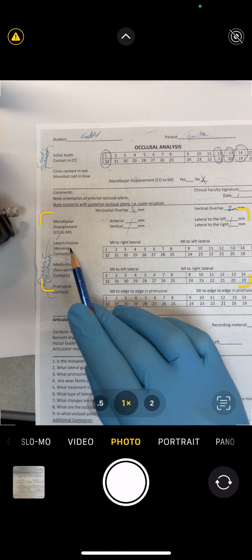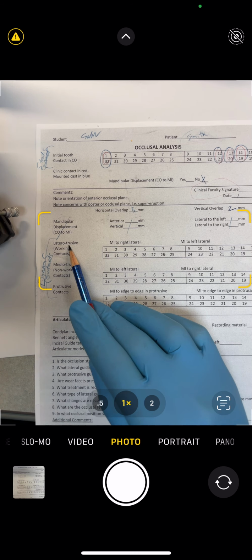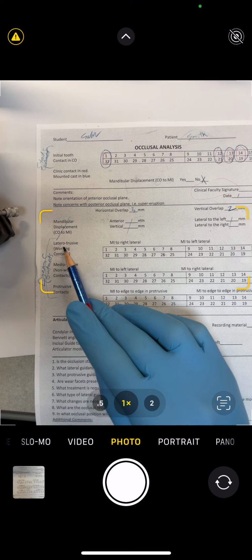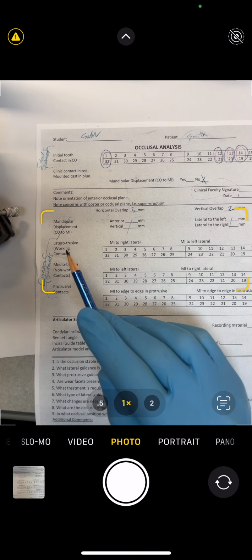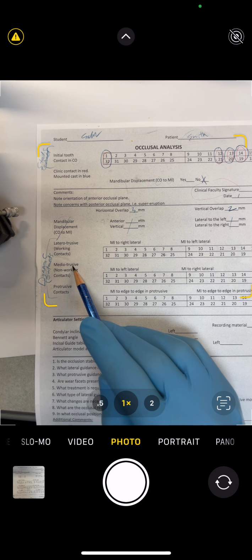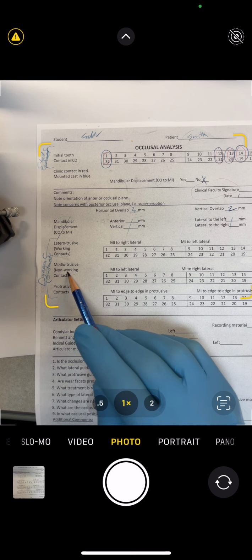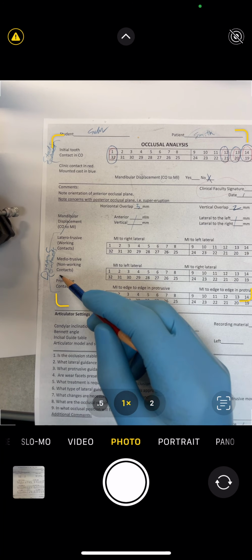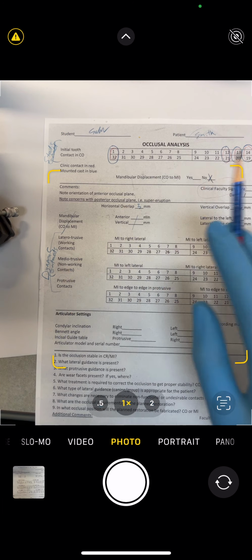So let's look at the description here. We need to find the contacts on laterotrusive movement, which is the working contacts. We need to find the contacts on mediotrusive movement and find any non-working contacts on that side. Lastly, we're going to check the protrusive contact on our articulator.